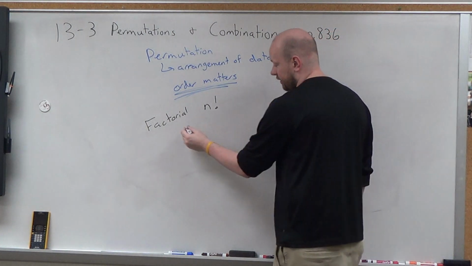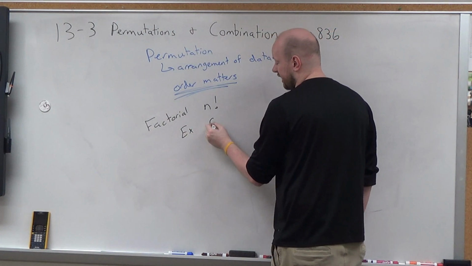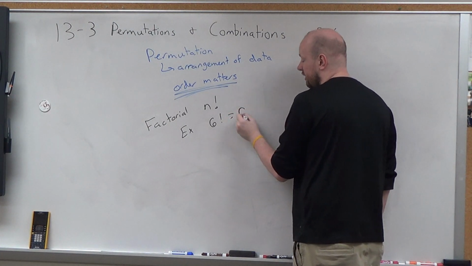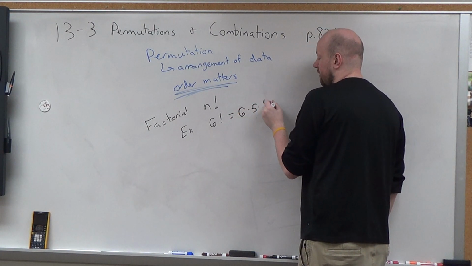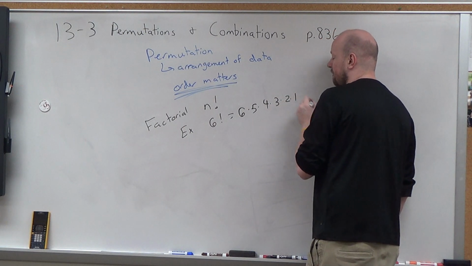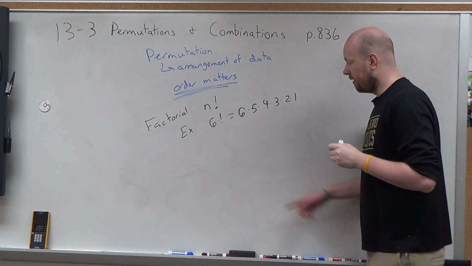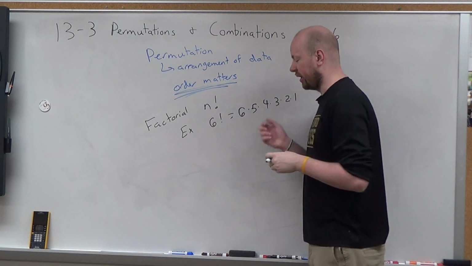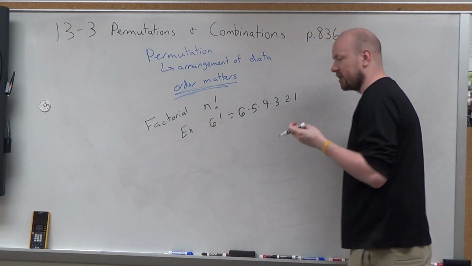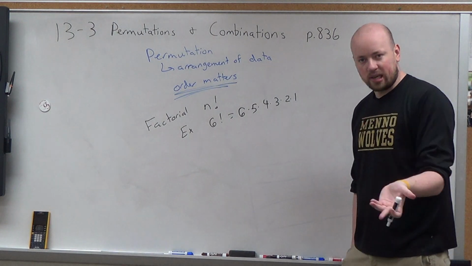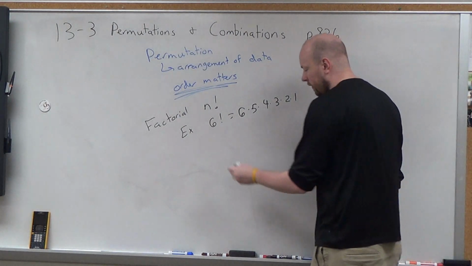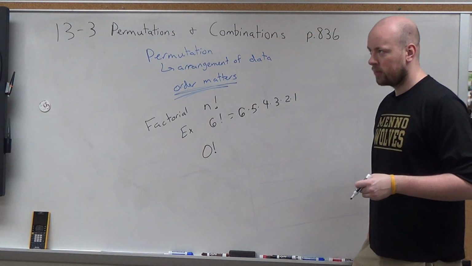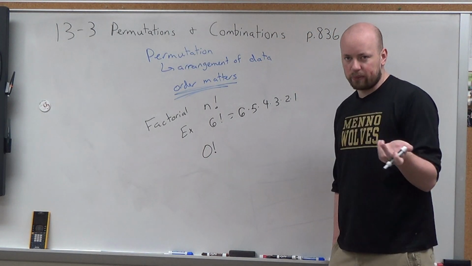What it means is, so for example, if I have 6 factorial, that really just means 6 times 5 times 4 times 3 times 2 times 1. Factorial just means you multiply it by every number all the way down to and including 1. Now there's some weird different rules with it that I want to talk about right now. 0 factorial is really, really strange. You would think it would just be 0 times whatever would be 0, right?